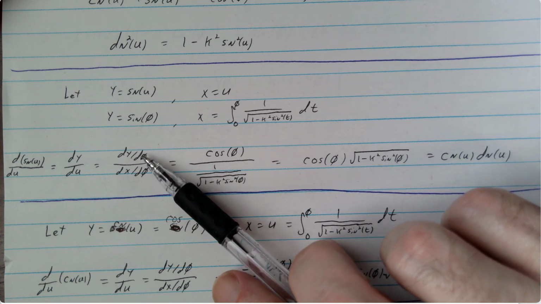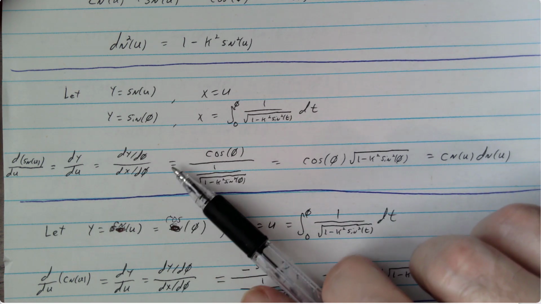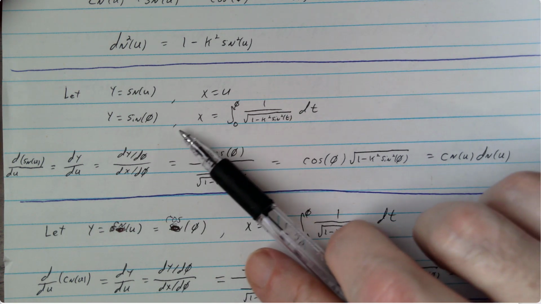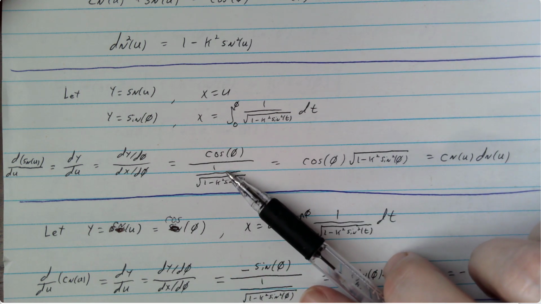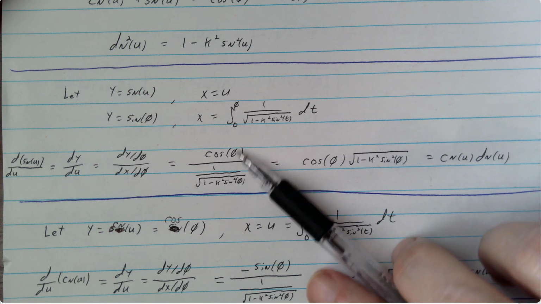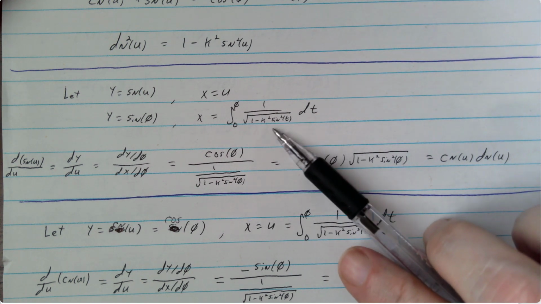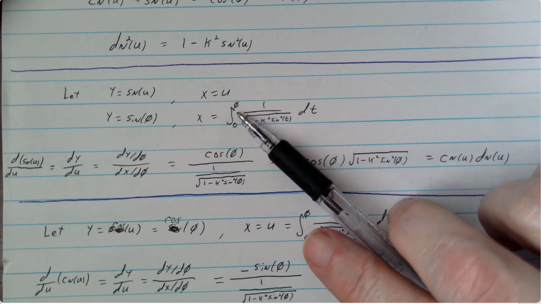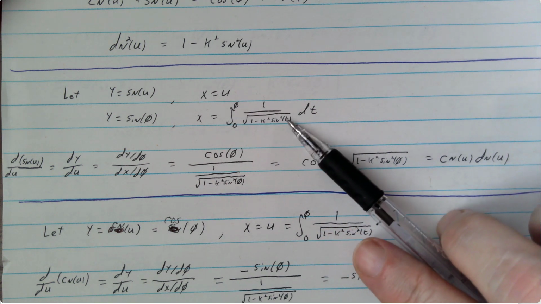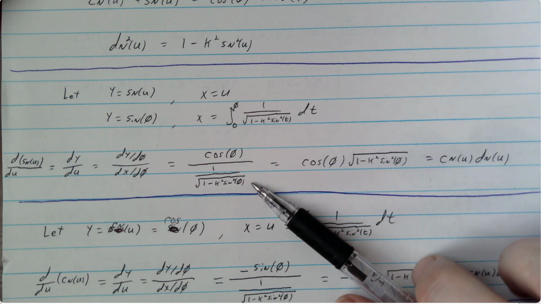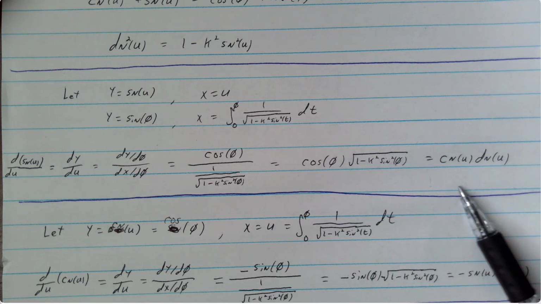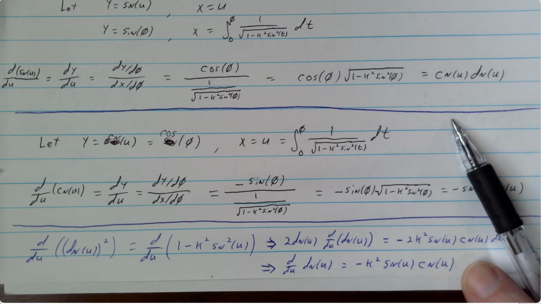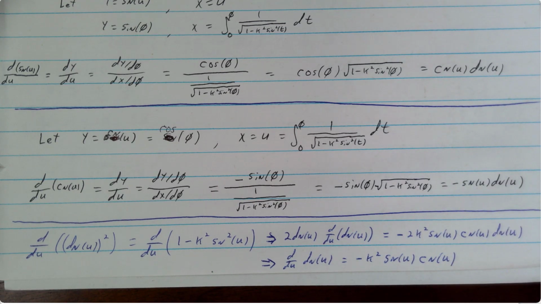So just do dy d phi over dx d phi by the chain rule. Since y is sine phi, I'll get cosine phi, and dx d phi right here. If you take the phi derivative of this by the fundamental theorem of calculus, it'll be just 1 over this square root, plugging phi in for t. So it'll be that, and flip this up, and that's the definition of dn u. So you can get the derivatives this way as well.